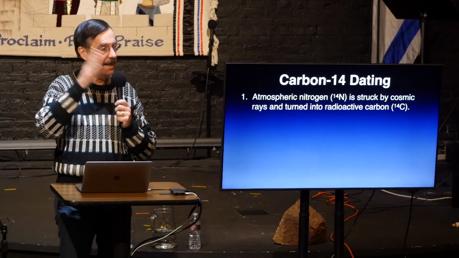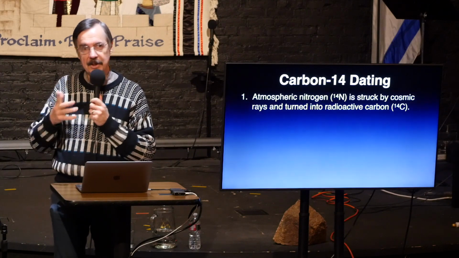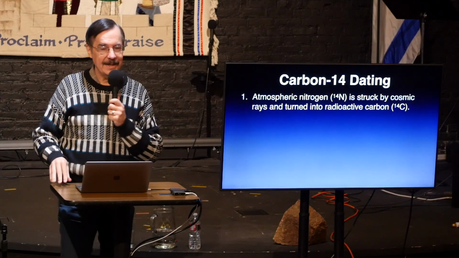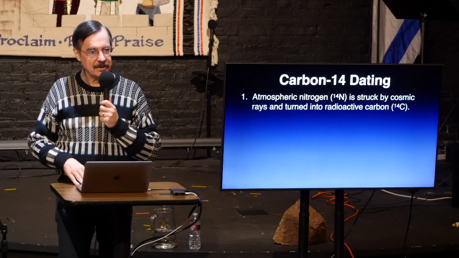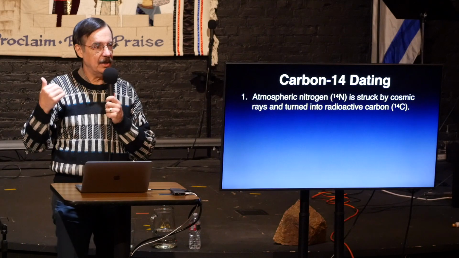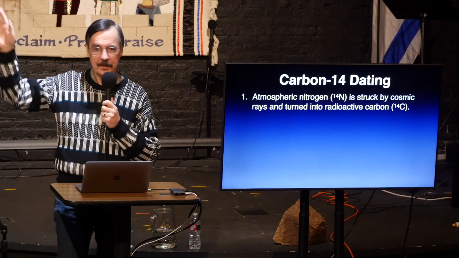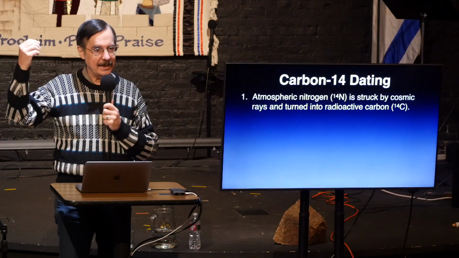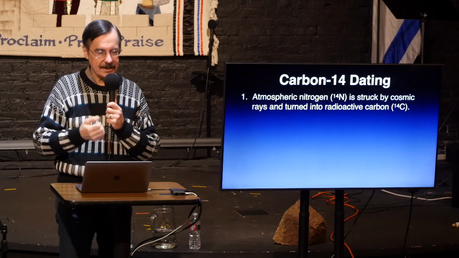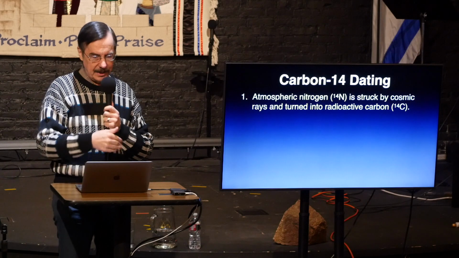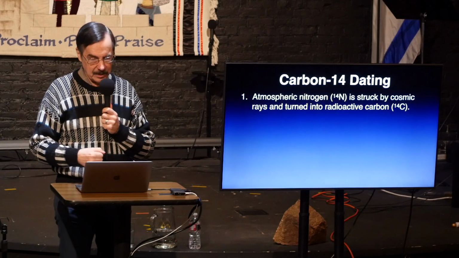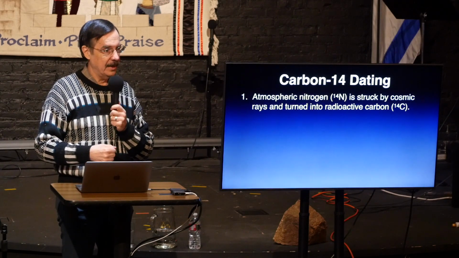Atmospheric nitrogen, 80% of our atmosphere is nitrogen. So cosmic rays are coming in. That means high energy particles are coming in from the sun, from the stars, and these particles come in and hit the nitrogen-14, and turn it into radioactive carbon, or carbon-14.